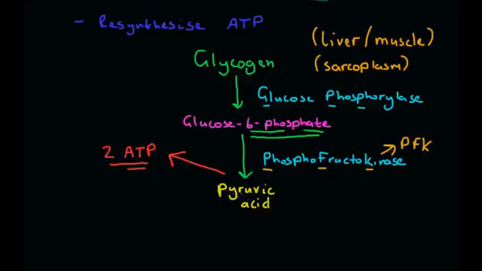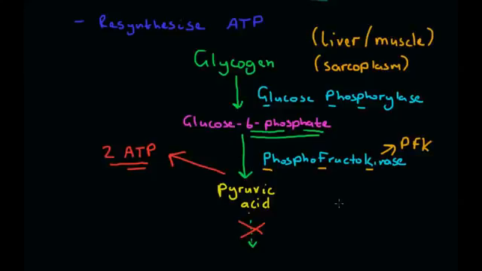We have our pyruvic acid, and we've resynthesized 2 ATP. What happens now? If there is sufficient oxygen present, we can continue the breakdown of glycogen aerobically. But for this purpose, looking at the lactic acid system, we do not have sufficient oxygen.